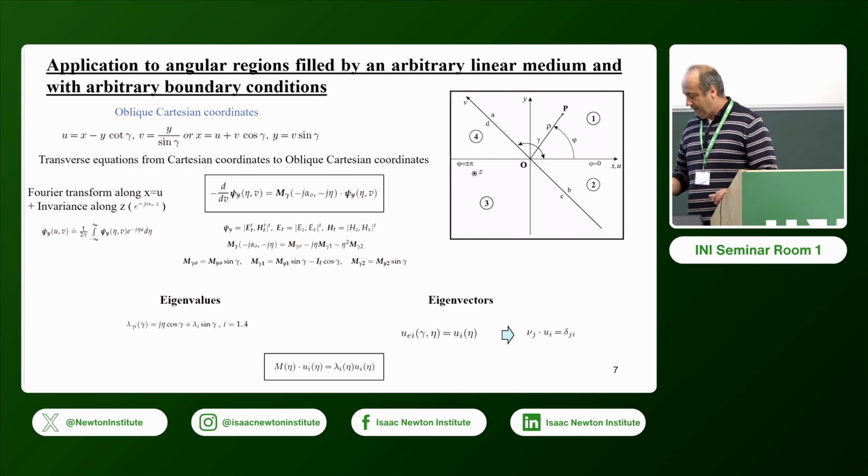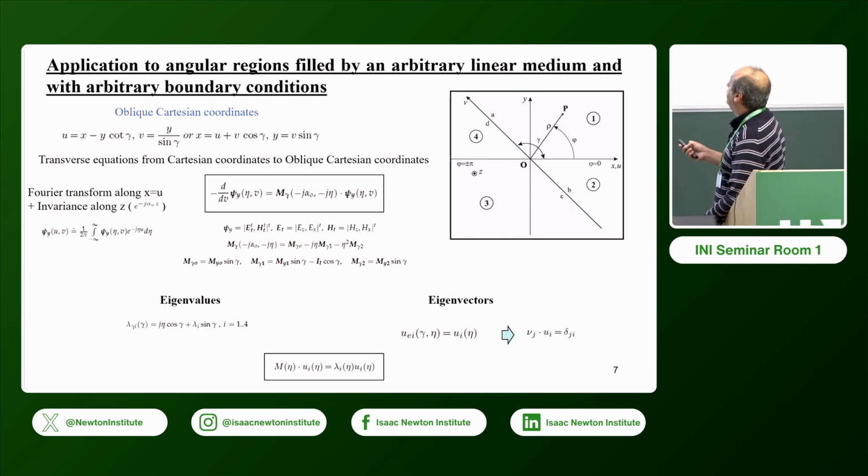So we have stratified angular regions. Here we represent the space divided into 4 angular regions characterized by an aperture angle gamma. We focus the attention on region 1, which is this one.